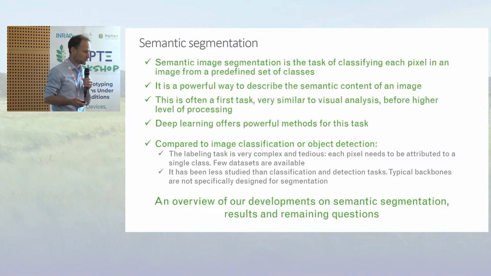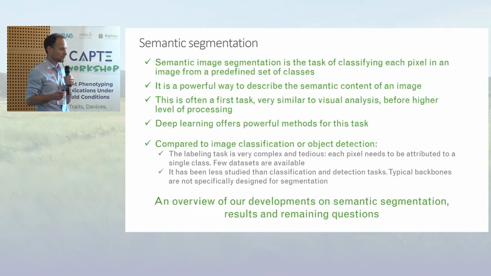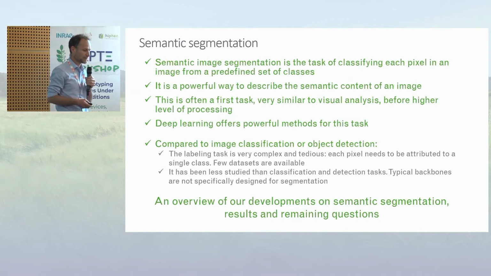It's a powerful way to describe the semantic content of an image. It can be applied to RGB images, or, as we have seen earlier this afternoon, to tomography imagery. But here we will focus on RGB images, which are the most common images.